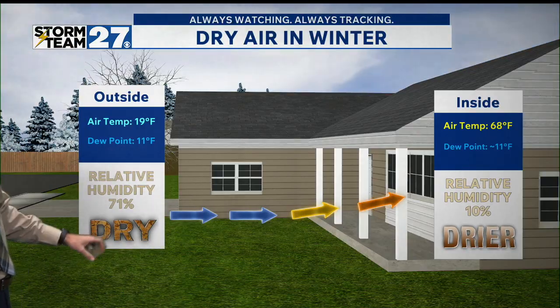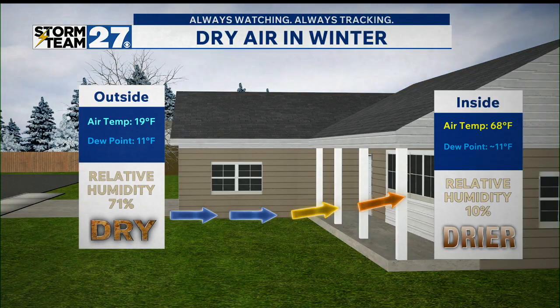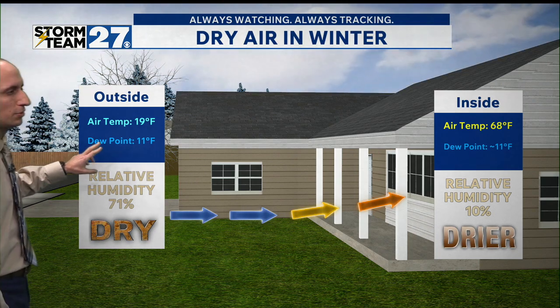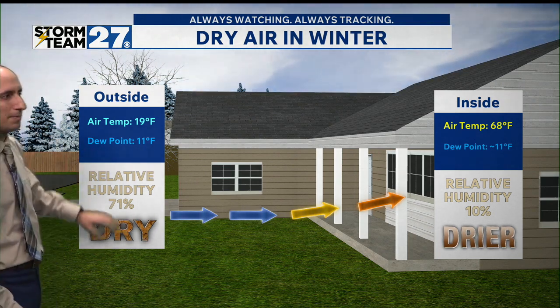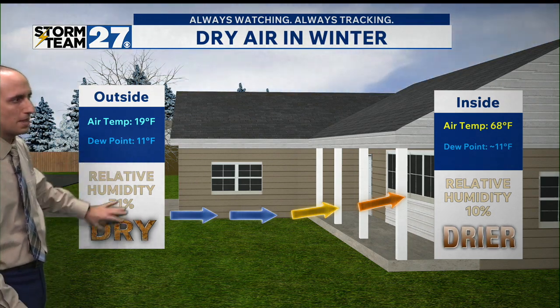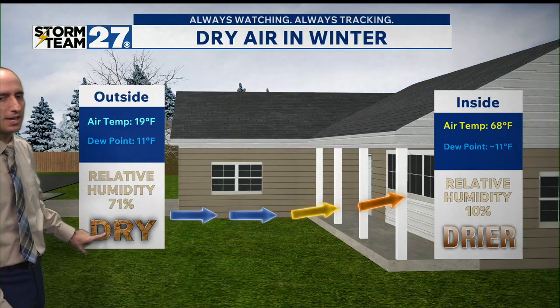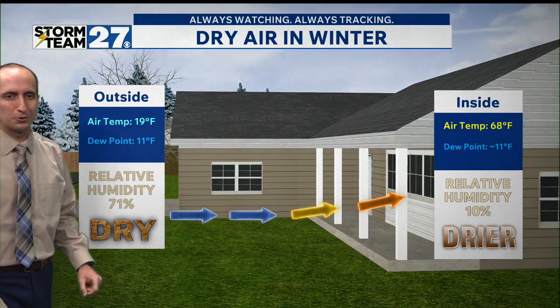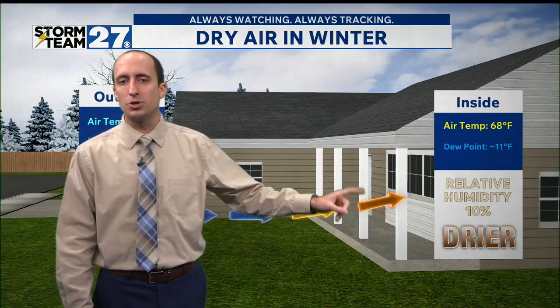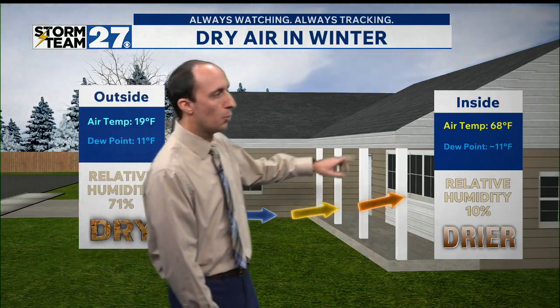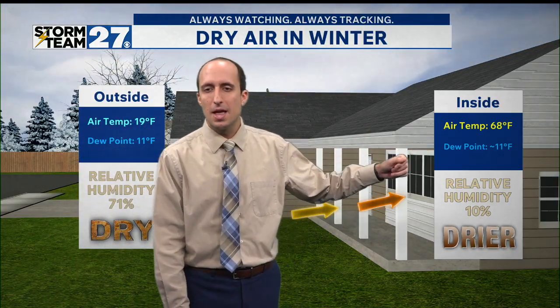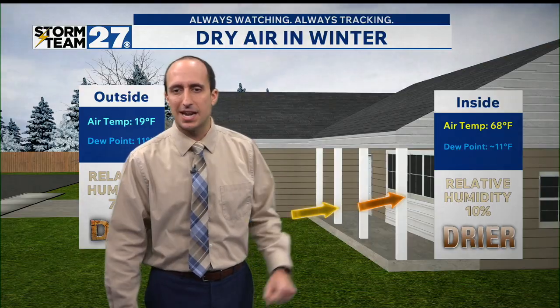Let's take that and translate that to what we're talking about in terms of heating our homes. When you have air temperatures around 20 and dew point temperatures around 11, that is very dry because those dew point temperatures are low. So that is a higher relative humidity, but it's still dry because we have a low dew point. Now we translate that and we push that air into our homes. We warm up our homes from our heaters, so we have a 68-degree air temperature.